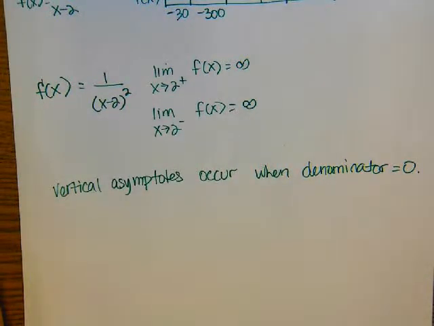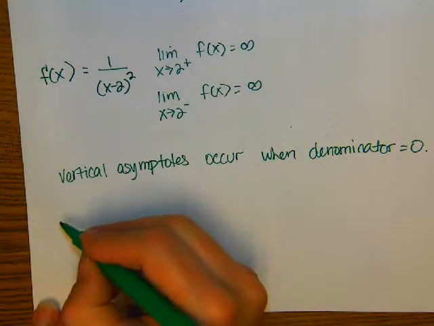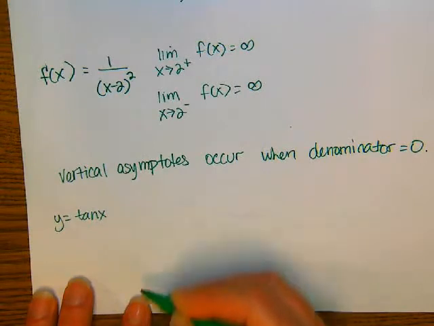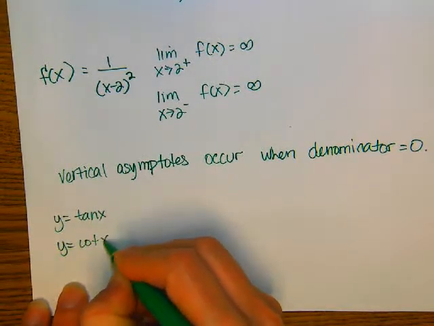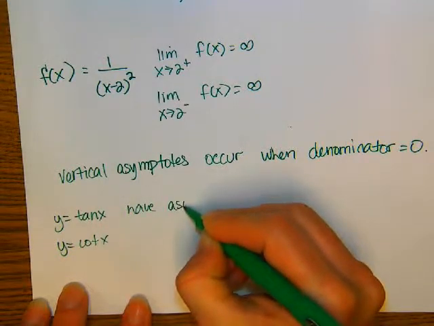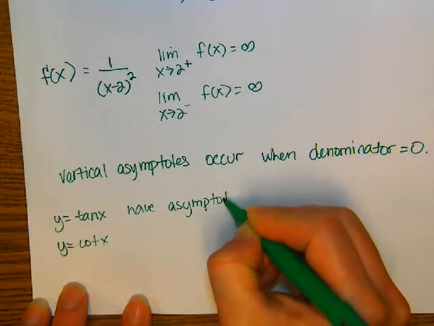But there are some other things that have asymptotes. Can you think of some other things that have asymptotes? Trig functions, tangent, cotangent. So you should also be aware that those things, and also secant and cosecant.